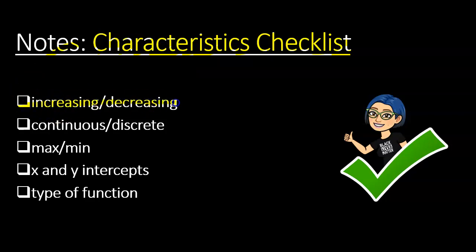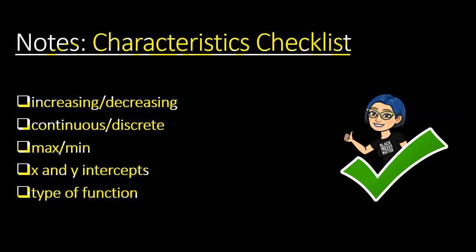So you need to know whether a graph is increasing, decreasing, or it could actually be both. You need to know if a graph is continuous or discrete. You need to know if it has a maximum, minimum, or neither. You need to be able to identify the x and y intercepts. And if it's a linear, quadratic, or exponential function, you need to identify what kind of function it is.